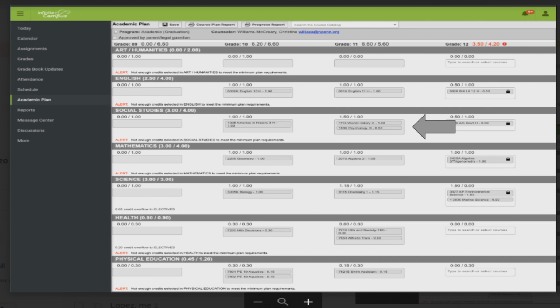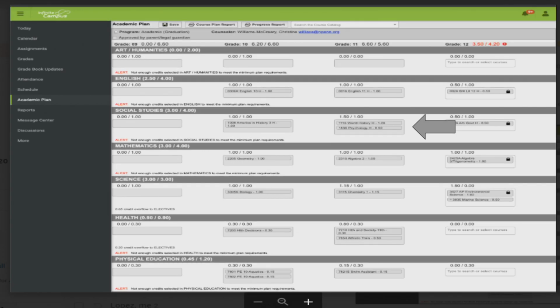And as Mrs. Kolb said, if you feel you are in a certain level class and you would like to go up a level, or if you would like to decrease that level, you can do a course override form if you have an 85% or higher. But your teachers recommended you for the class that they feel that you'll be the most successful in. So I would really listen to what the teacher said. If you're concerned about it and want to talk about it, just go ahead and see your teacher.